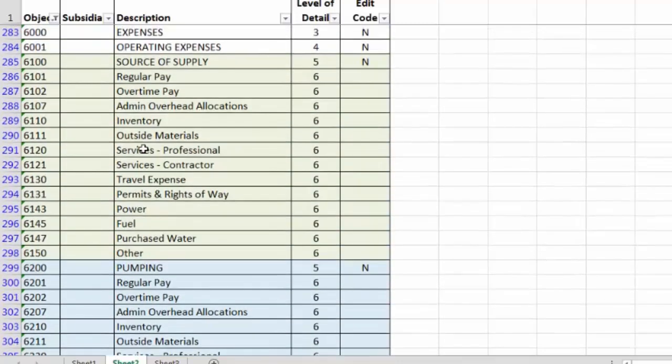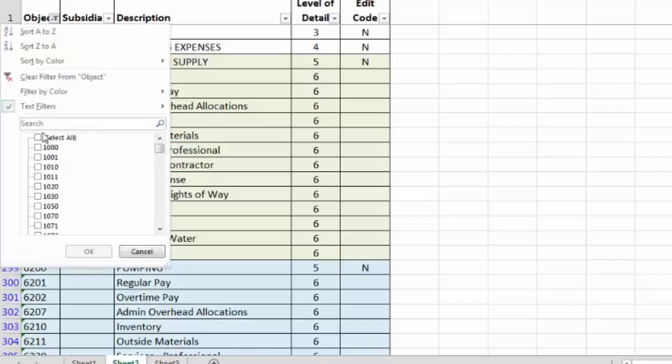So this is one of the reasons why I say I think this is a really well-designed chart of accounts, because it makes it easy to get around. It makes it easy for you to get the right account number if you are not an accounting staff person. It follows all of the GAAP rules.